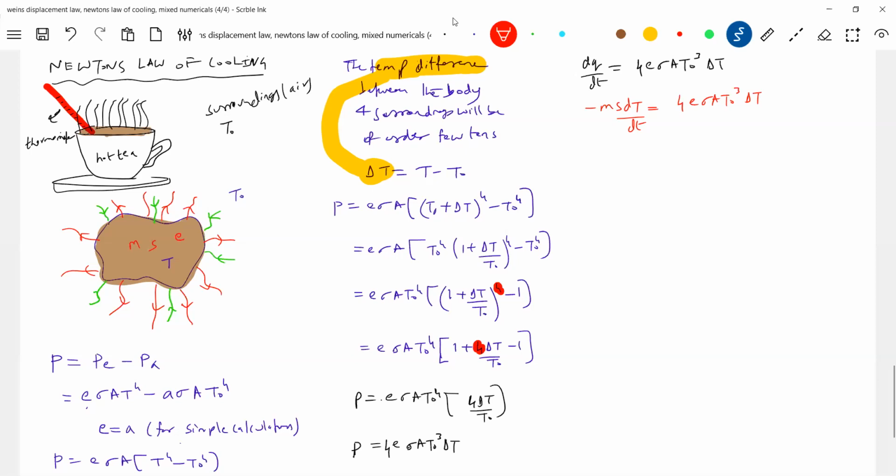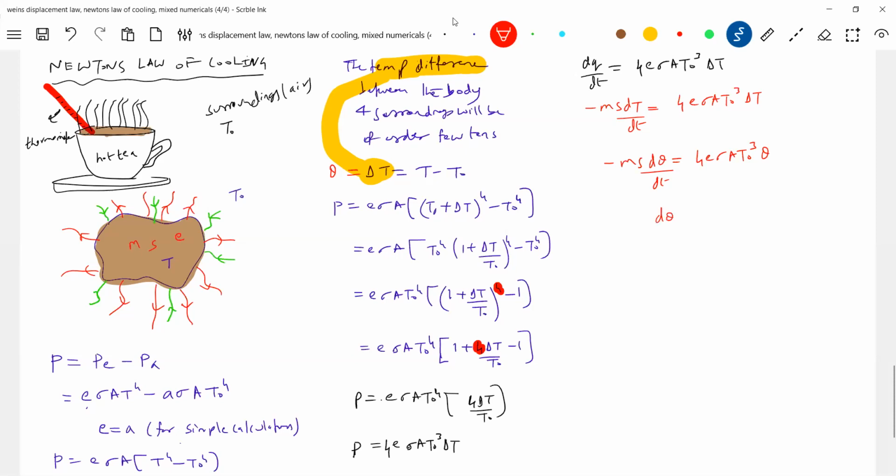Okay, almost we have reached the end of this particular thing. This delta T, if you're getting confused, call that theta. Delta T as theta. Here I'll write theta, not Q. That's why I wrote small q here.